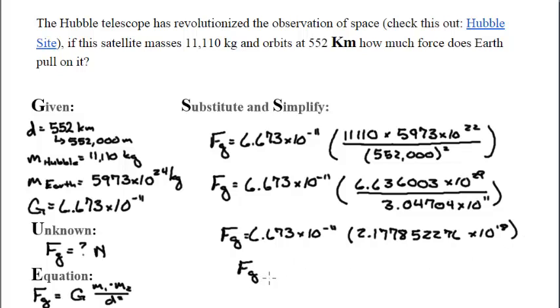So the force due to gravity equals 1.4532280824 times 10 to the 8 newtons.